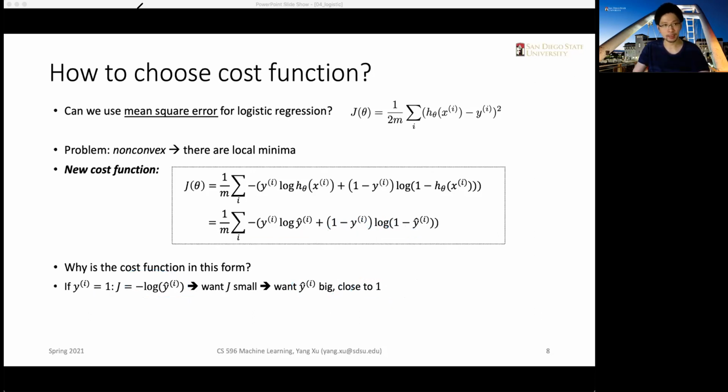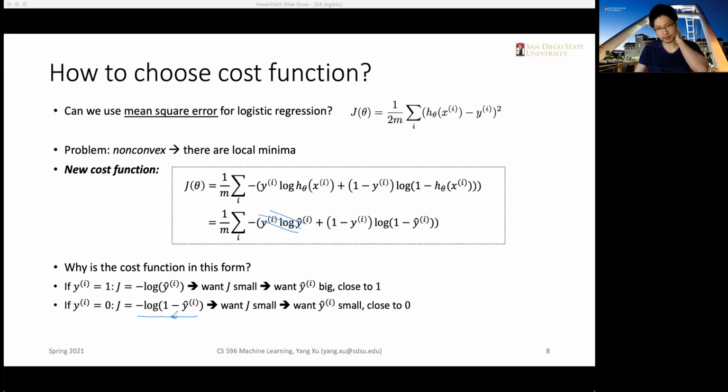On the other scenario, if the ground truth is 0, the first term is gone. What's left is minus the logarithm of 1 minus y hat.